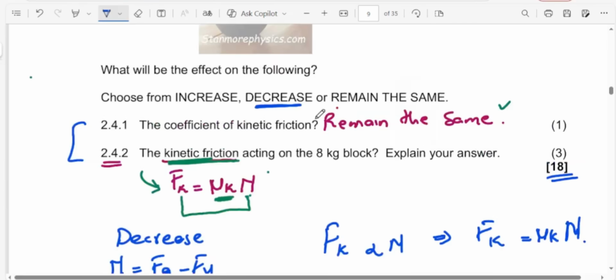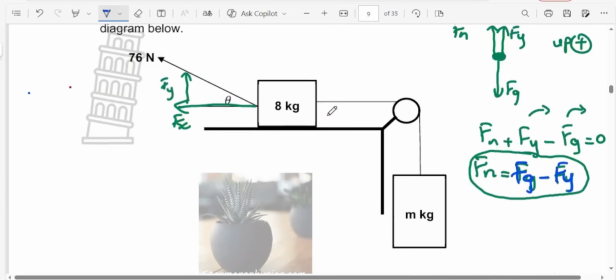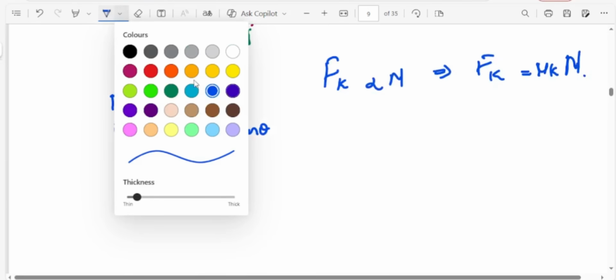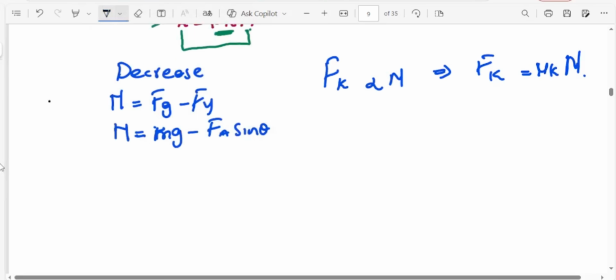So just a quick recap. How did we know that the normal force will decrease? Someone might prefer us to just write it down like this.